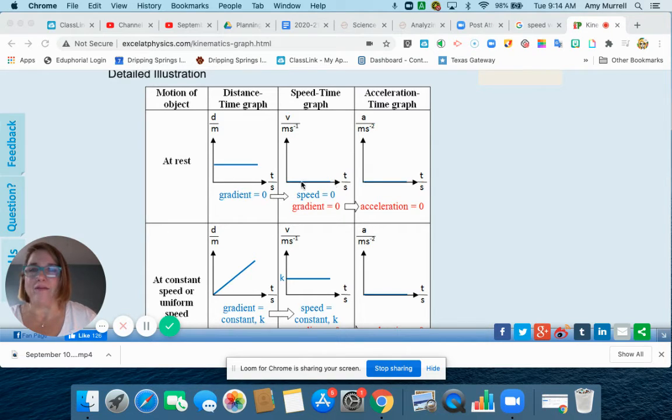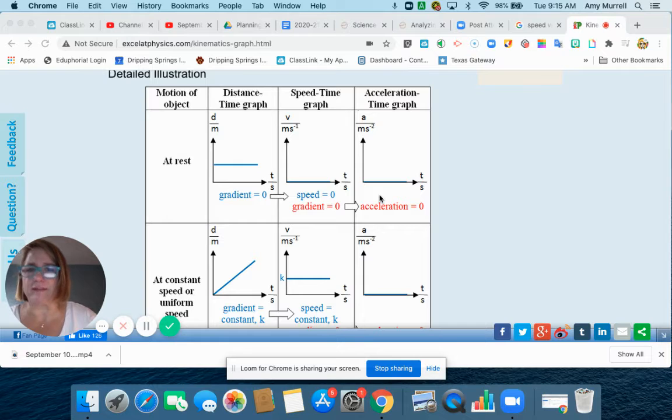On a velocity graph, notice you have the same horizontal line, but speed equals 0. So over here, it was distance wherever you are, but it's not changing. Here, it's speed equals 0. That means there is no motion. It's sitting still. And same on an acceleration graph. On an acceleration graph, it's down here where speed equals 0 because there's no change in that speed.